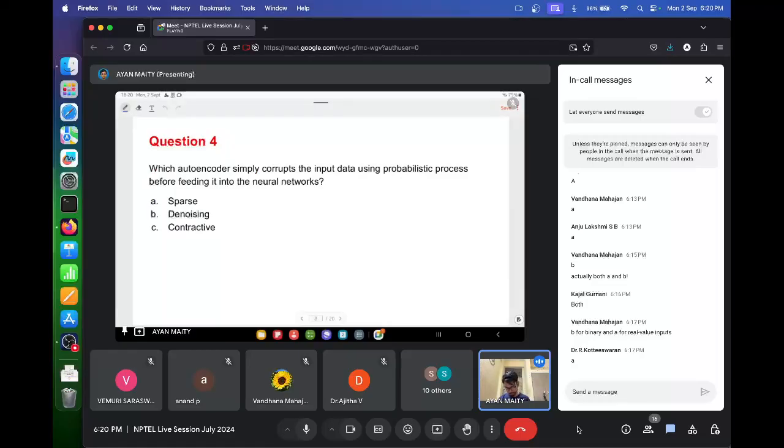Question 4. Which autoencoder simply corrupts the input data using a probabilistic process before feeding it into the neural network? Sparse autoencoder, denoising autoencoder, contractive autoencoder.